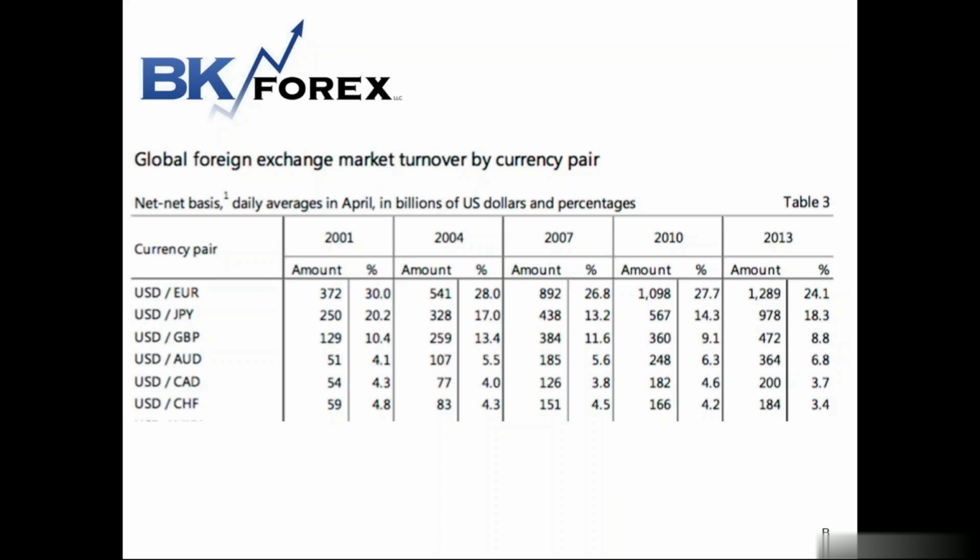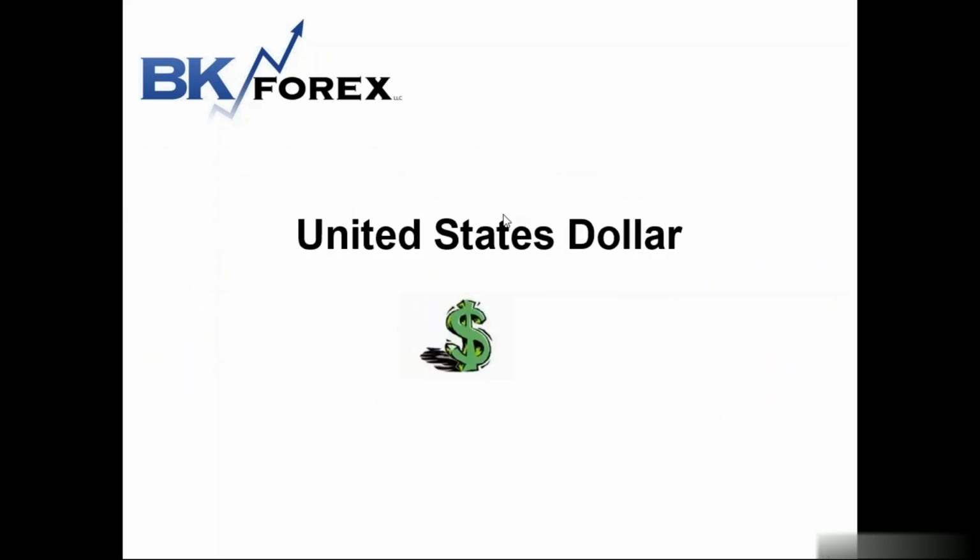And so they tend to be, I wouldn't say safer, but they tend to be better currency pairs for investors to start off with. So, that's why we typically recommend starting with those currencies, euro dollar and dollar yen, but the other currencies we trade actively every single day as well.